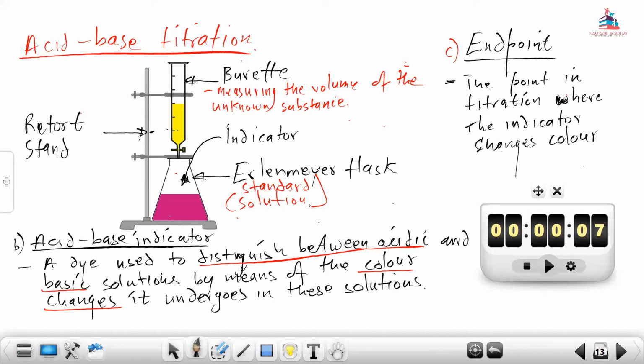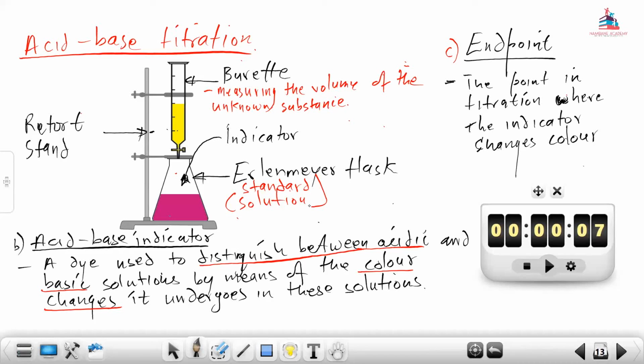Imagine if you have HCl, which is colorless, and you have sodium hydroxide, which is also colorless, and you just mix the two. We have a solution that is colorless. But how much of an acid did you need to neutralize this? We do not know. So we add an indicator for us to see color changes.